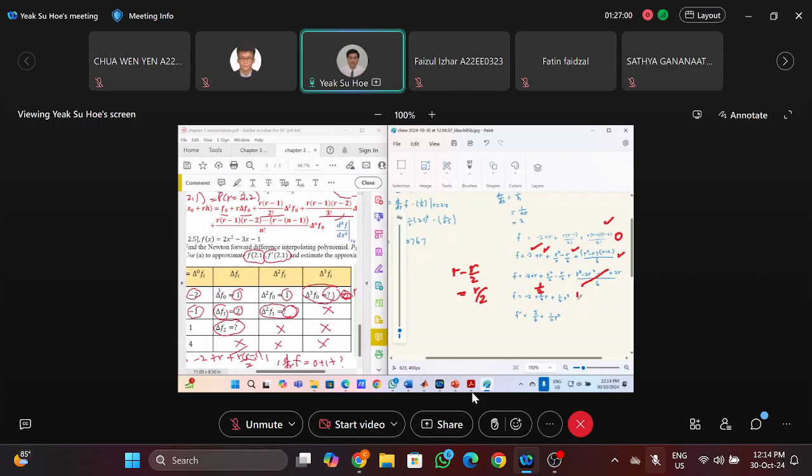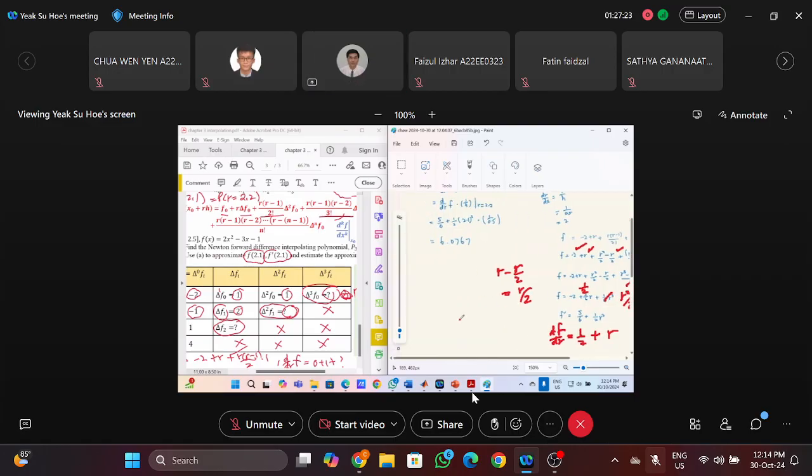This is wrong. So when you differentiate, df dr is equal to half R, half, you get R plus this. This one you differentiate, then you get R. You get this. And then it's here. Yeah, it's correct.